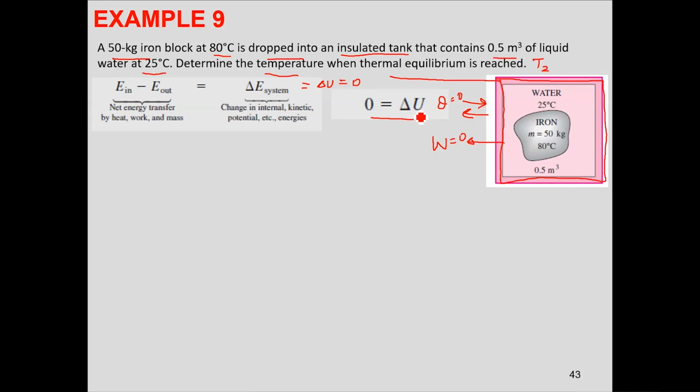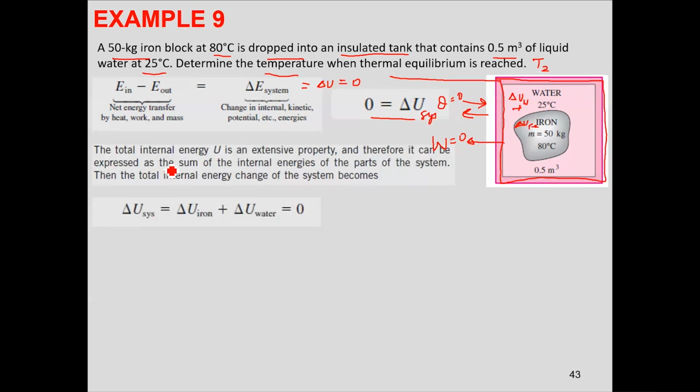Furthermore, since energy is an extensive property, it is dependent upon the mass. I can divide this delta U of my system into two components, delta U of iron and delta U of water. So this whole would combine together to form the total delta U of the system.